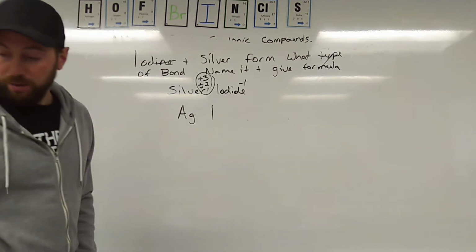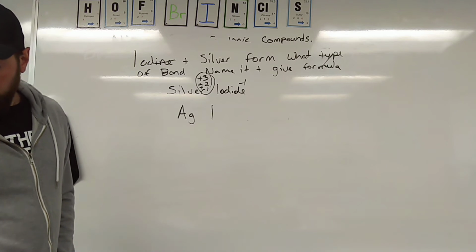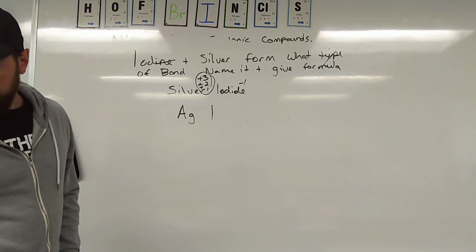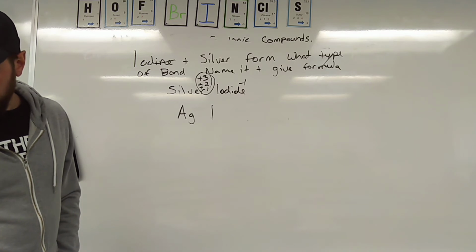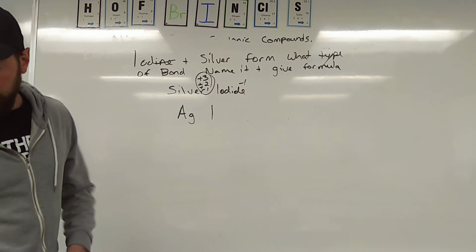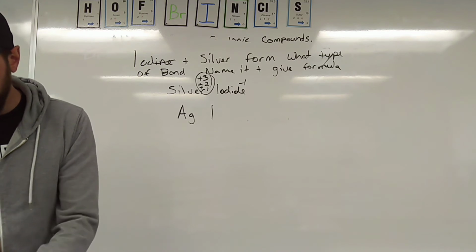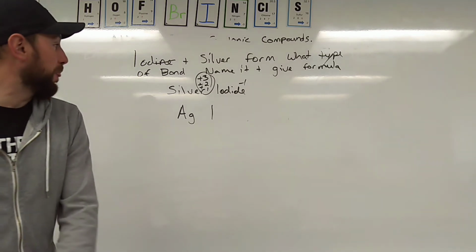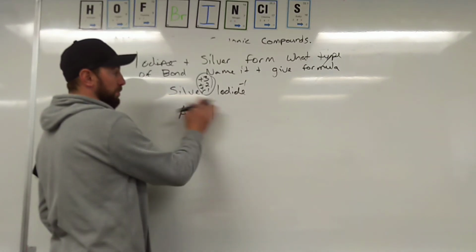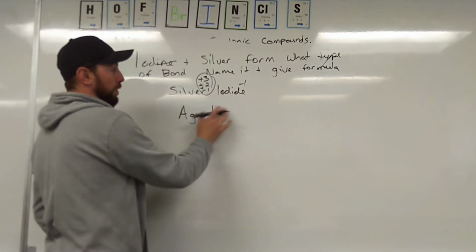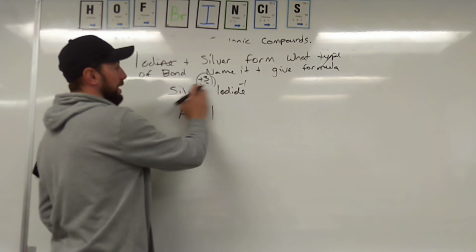Sorry, I'm wrong. You only put that in the name, okay? Not in the formula. The formula is figured out from the name, okay? So the Roman numeral thing, it would be like this.